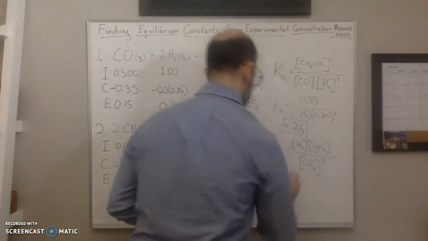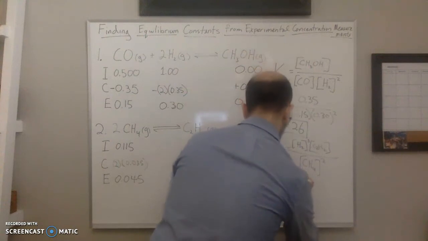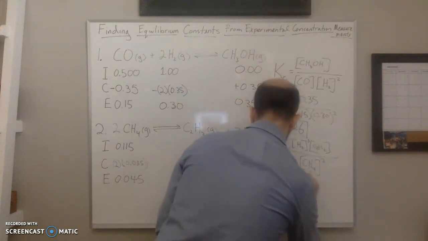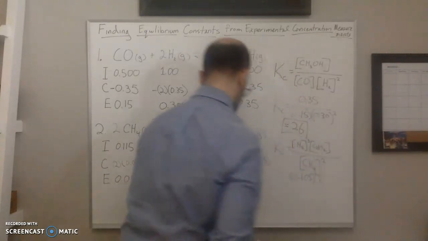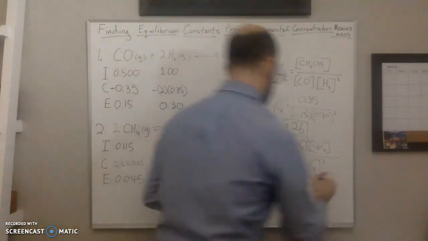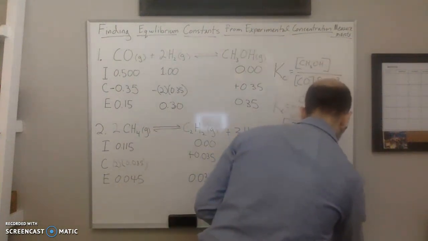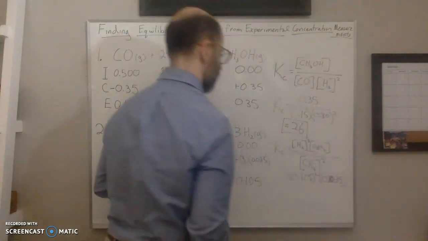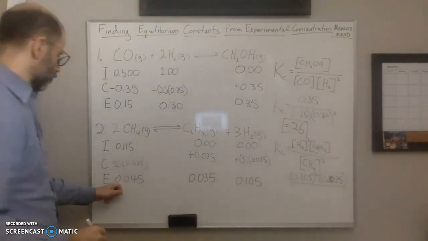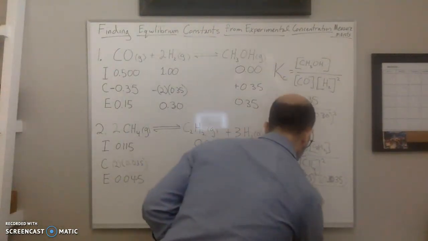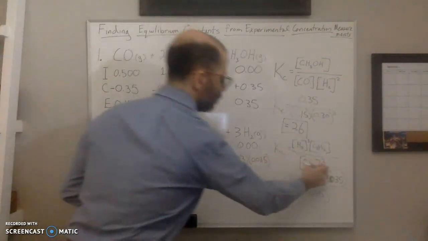So hydrogen is 0.105 cubed times 0.035, and then divided by 0.045 squared.